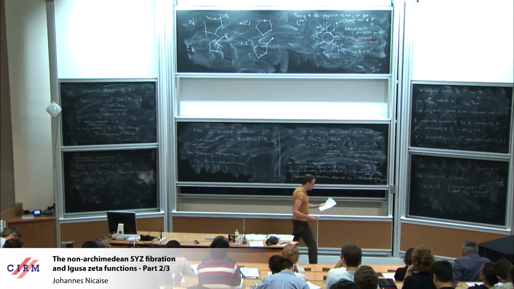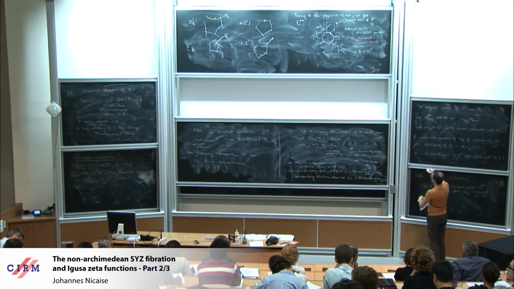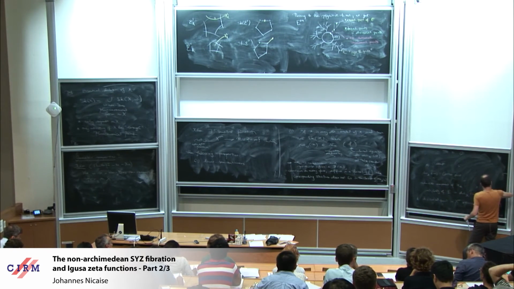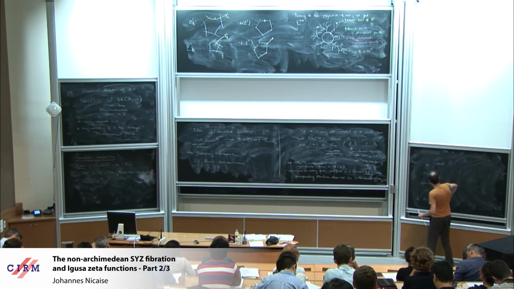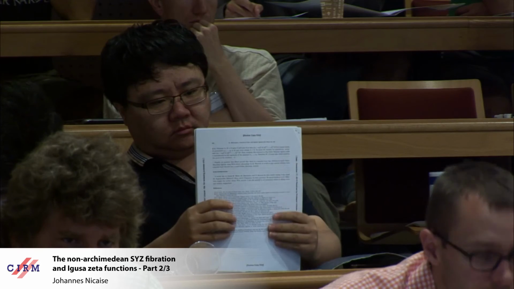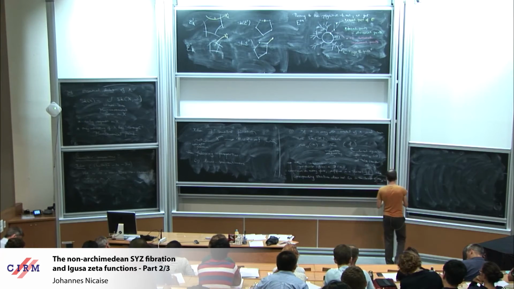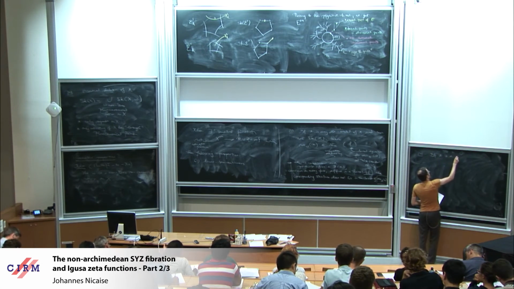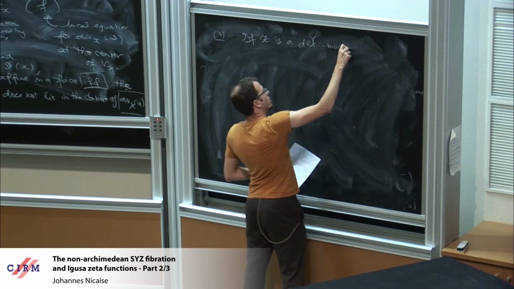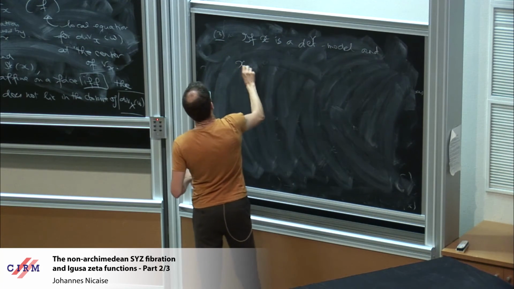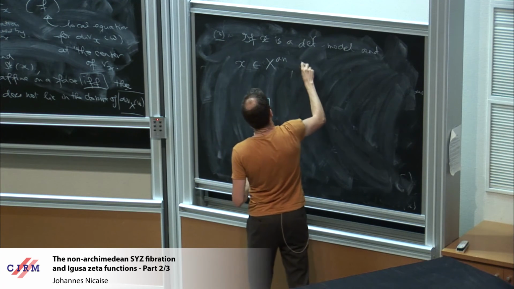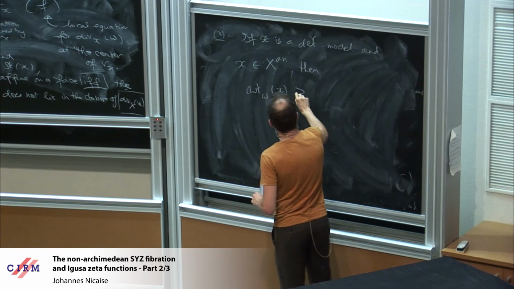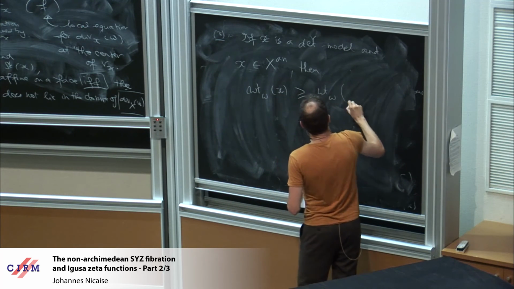And then I need one more minute to write down the last property to finish the theorem. If again curly X is any DLT model, and x is a point on the Berkovich analytification, then the weight function, or the weight at x, will be at least the weight at its projection to the skeleton.